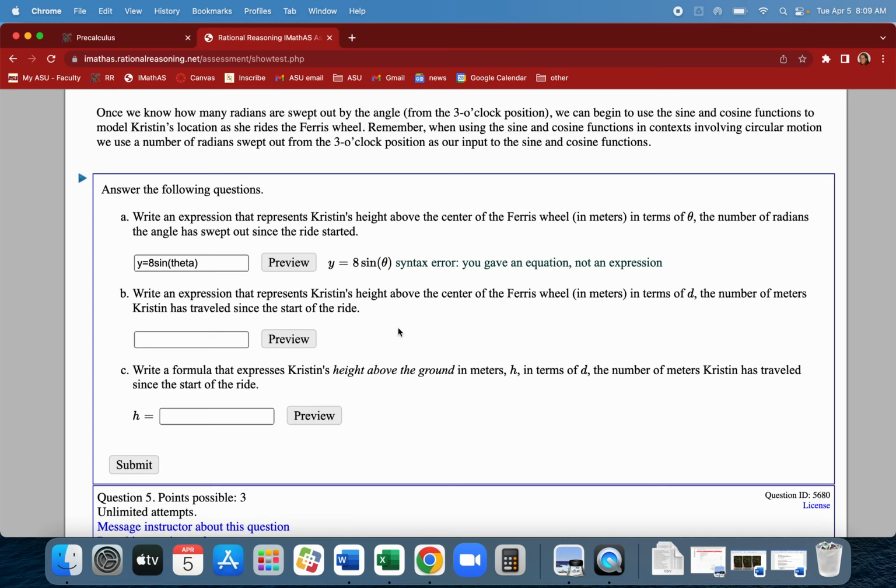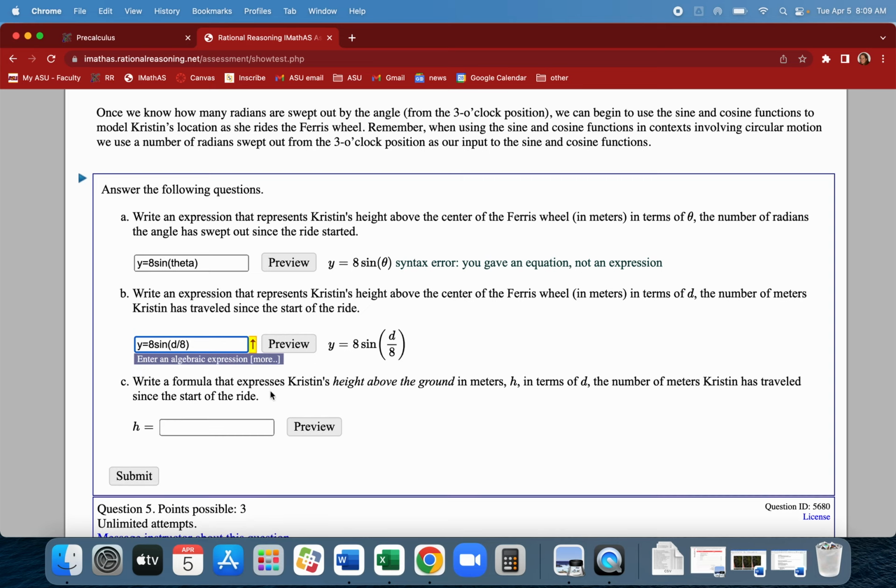Now, if I wanted to say this in terms of how many meters she'd travel around, if she'd traveled d meters around with a radius of 8, that's d over 8. So we'd still have this sine expression if we're talking about the vertical.